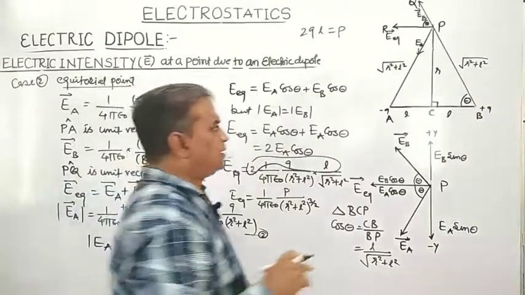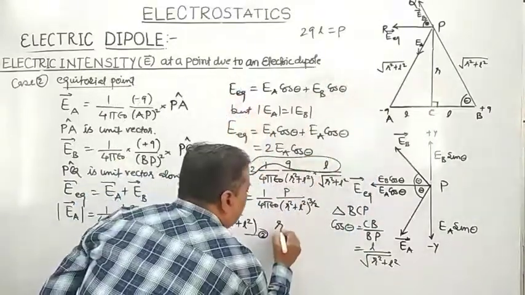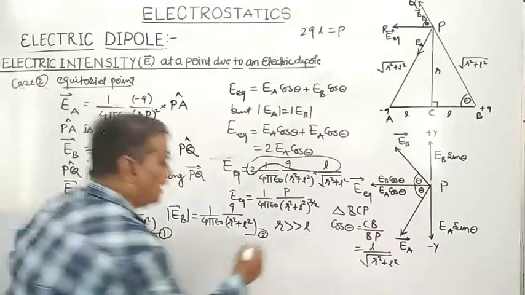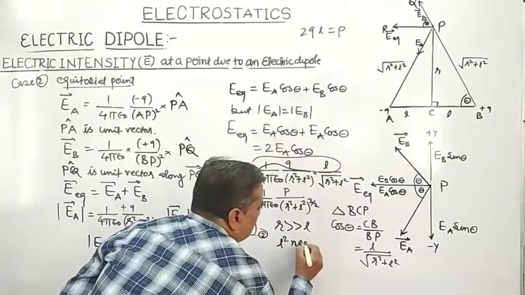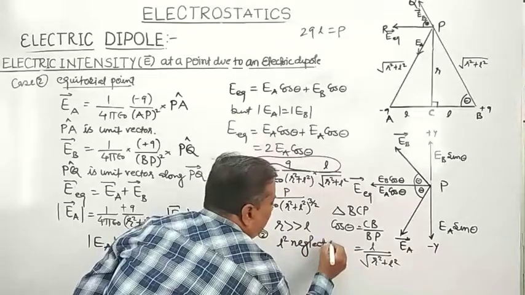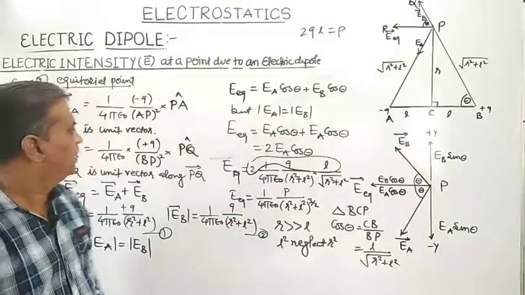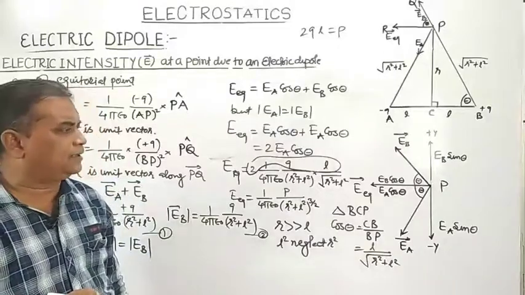And remember that if this R is very much greater than L, then L square can be neglected as compared to R square. L square can be neglected as compared to what? R square.